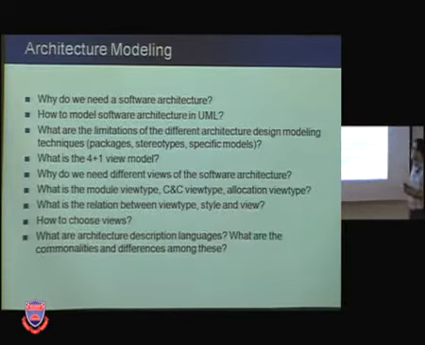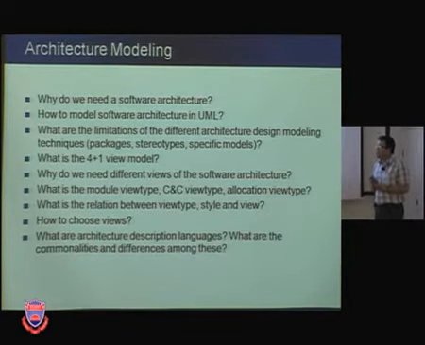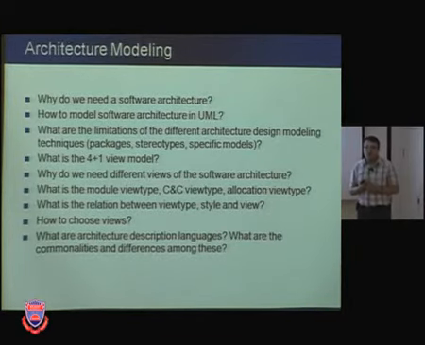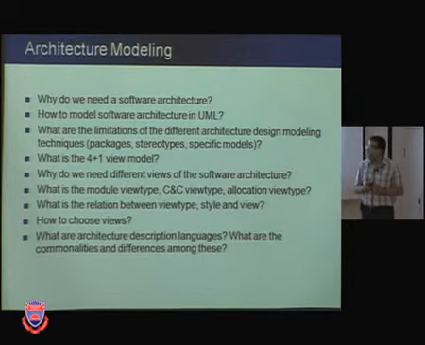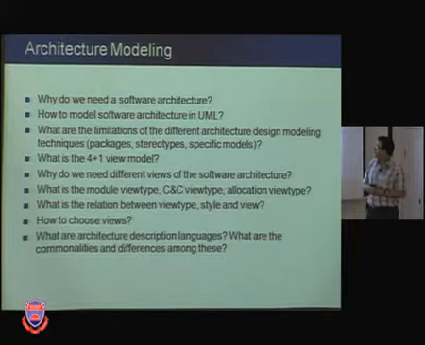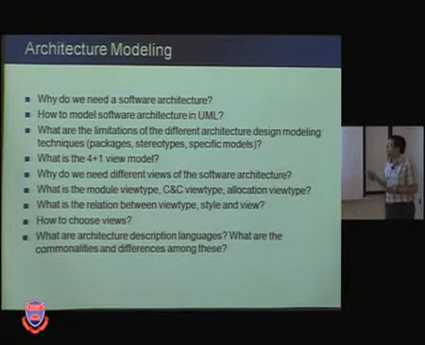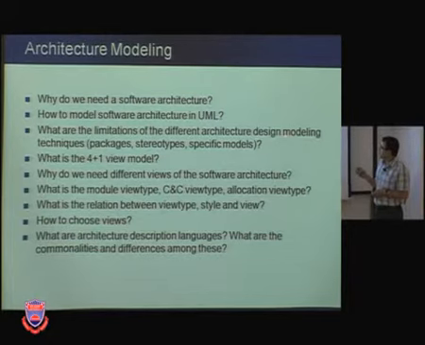For the exam, what should you know? There are different questions that we can derive. For architecture modeling, you should know why we need architecture, how to model software architecture in UML, and what the limitations of architecture design methods and design modeling techniques are.